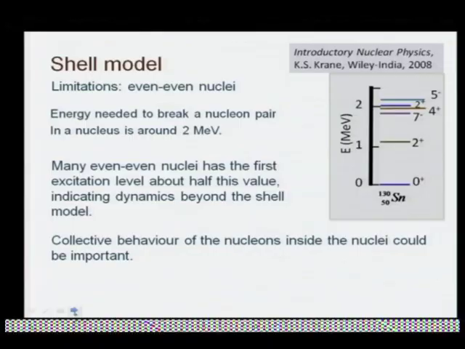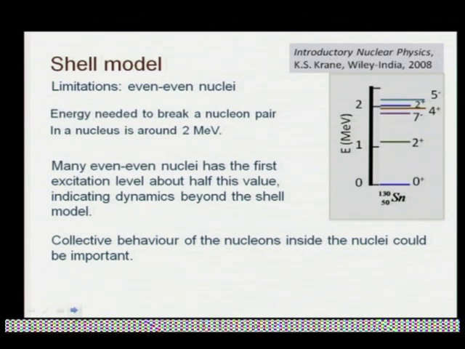This is kind of a common feature of many such even nuclei. So, suddenly one has to go beyond this, and one way people think to accommodate all this is to consider, along with the single particle shell model description, also the effect of other nucleons, some kind of collective behavior of these nuclei.